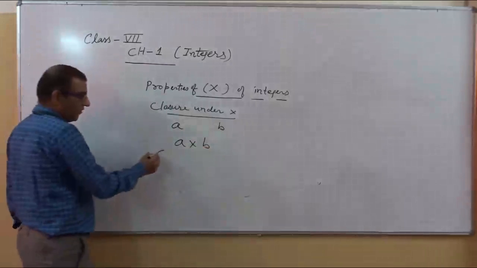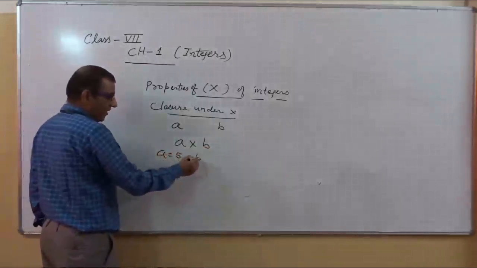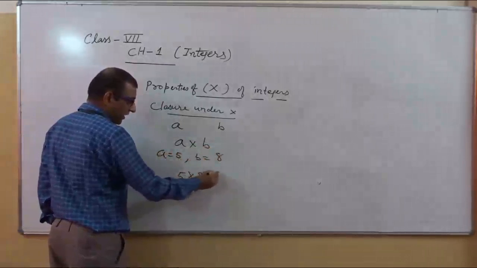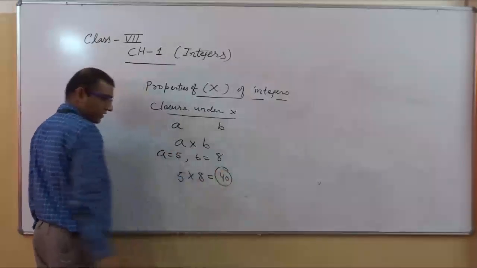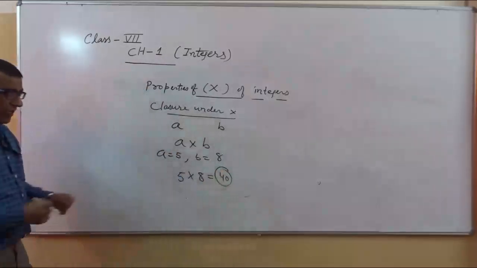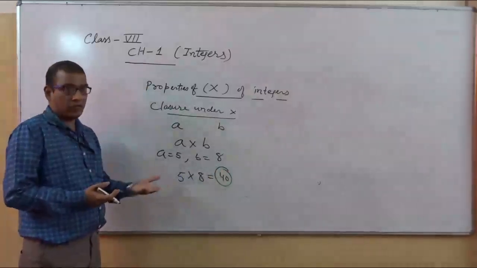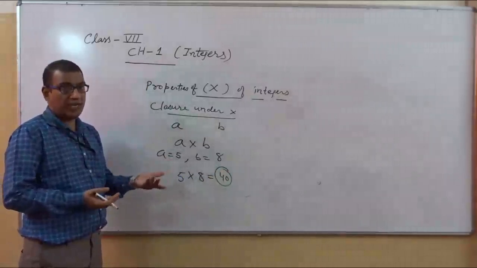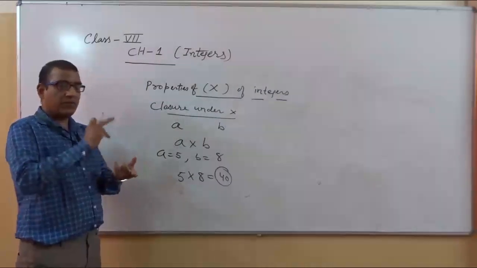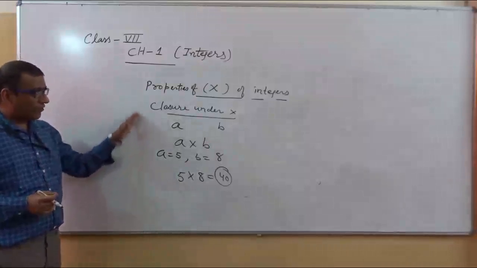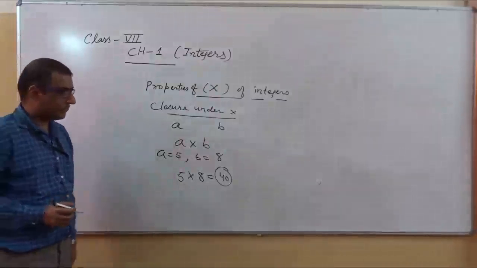For example, if a equals 5 and b equals 8, the multiplication of 5 into 8 is 40, so 40 is also an integer. So we can say an integer can be positive, negative or 0. It means it includes negative numbers, positive numbers and 0 also. So this is the concept of closure under multiplication.